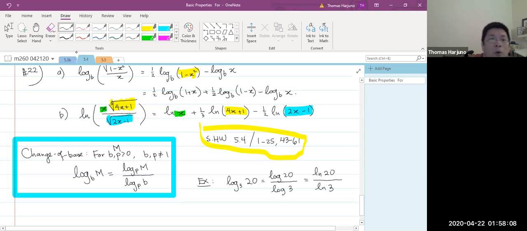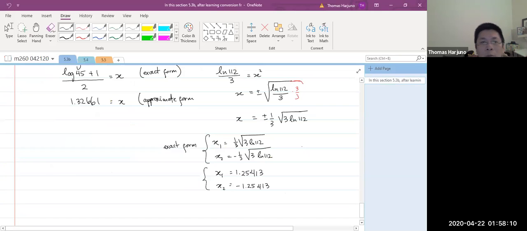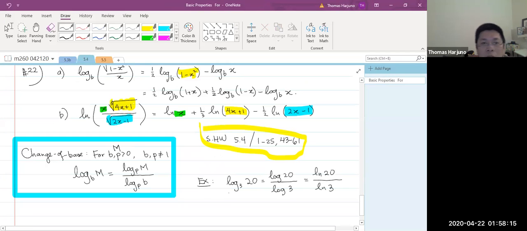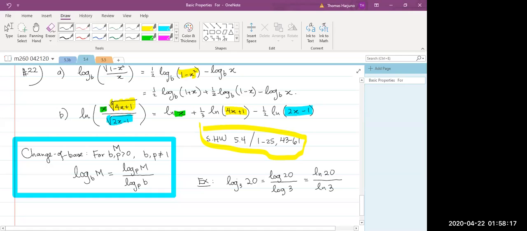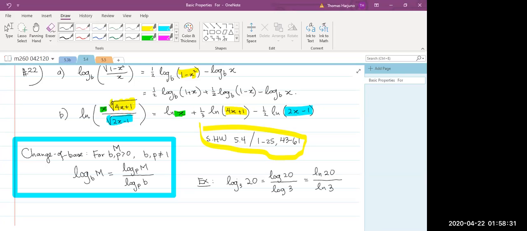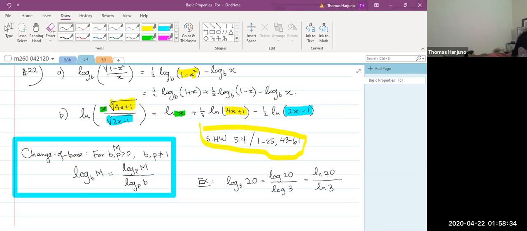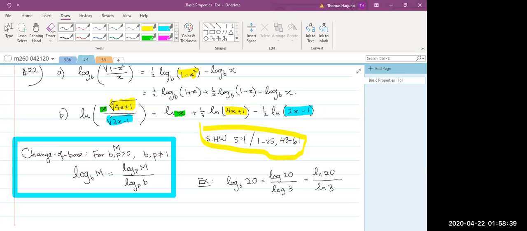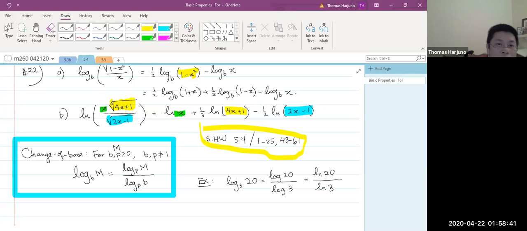That's for 5.4. Did I give you suggested homework for 5.3? You had 5.3, 9 through 11, and 17, but that's from the last one.